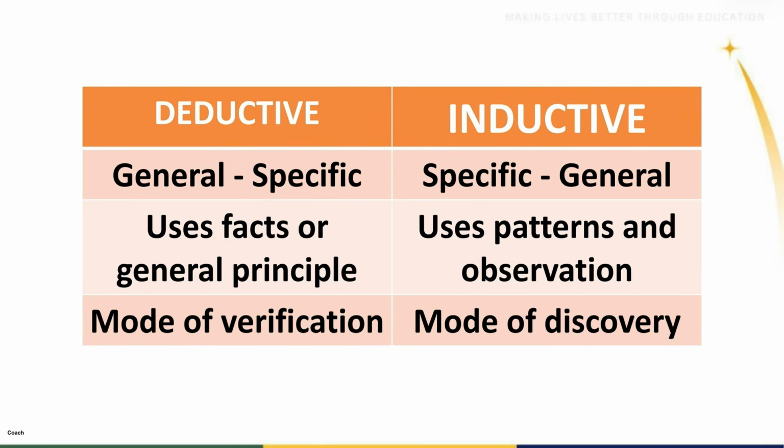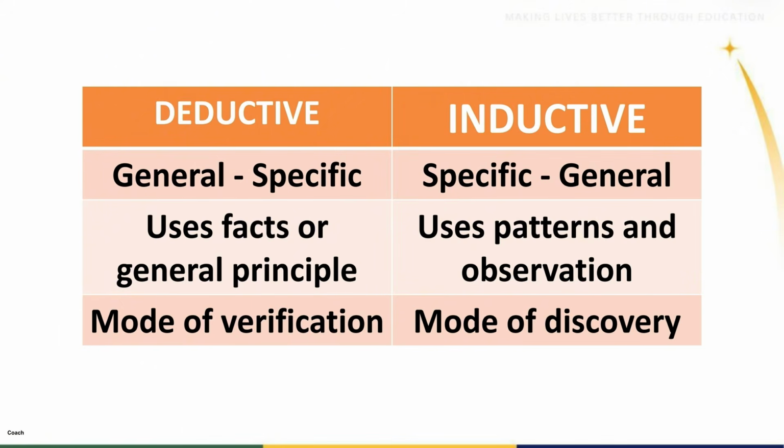Here is the easiest way to remember the difference. For deductive reasoning, general to specific. We start with a general rule or principle and apply it to a specific case. For inductive reasoning, we start with specific observations and use them to form a general conclusion, specific to general. Deductive reasoning uses facts or general principles, while inductive reasoning uses patterns and observations.